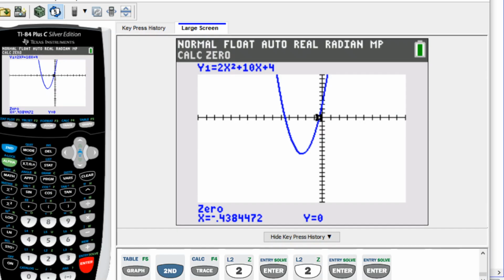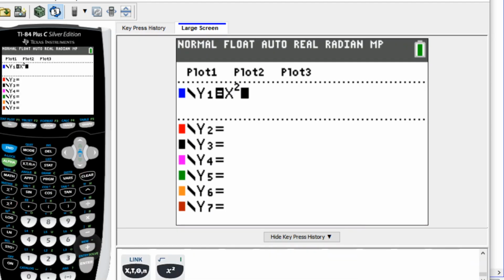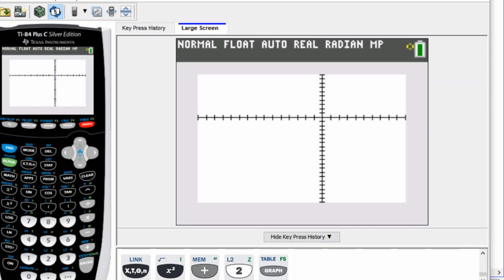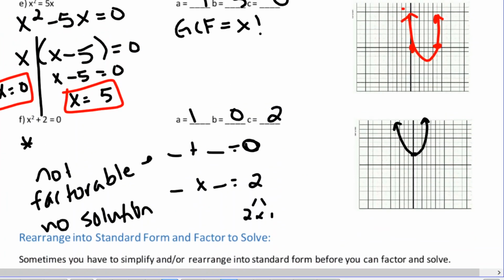So if we plug this into a graphing calculator, so we're going to do x squared plus 2. Thinking about this, this tells us we have a y-intercept of positive 2, and this graph just continues up. There is no x-intercepts here. This graph does not cross the x-axis at all. So that's where we have no solutions.